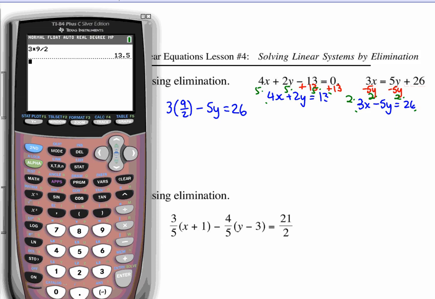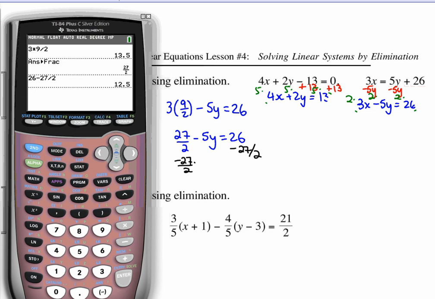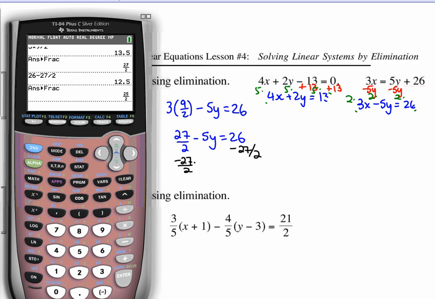3 times 9 over 2 is 13.5 or 27 over 2. What's next? Subtract. If you want to leave that as negative 13.5, you could have done that as well. Okay, so now 26 minus 27 over 2 is 12.5 or 25 over 2.